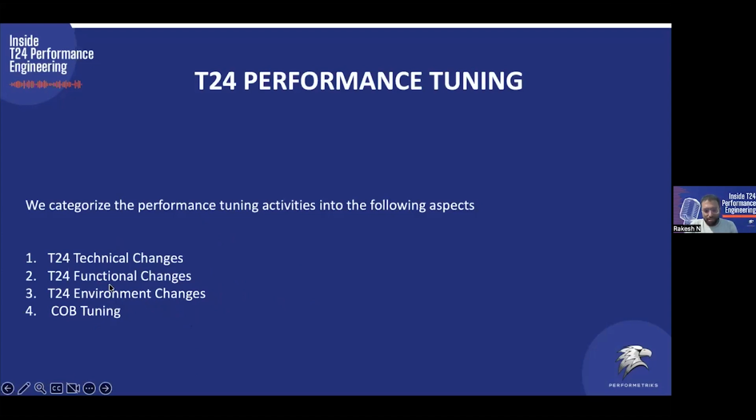Apart from these, we have some other things which are part of COB, like core tables that we will list down. Majority we know in what jobs the COB takes more time, and then we also find out what can be done in these aspects.